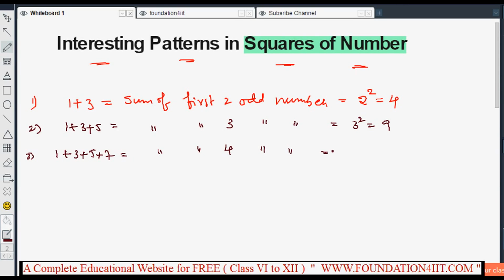If you add these four odd numbers, that is nothing but 4 square. You can add 9 plus 7, that is 16.